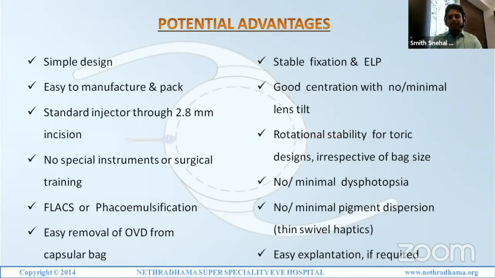Also, the lens provides a stable fixation with good centration, minimal tilt, dysphotopsia, and minimal pigment dispersion, and provides good rotational stability for toric designs irrespective of the bag size. And should any explantation be required, the explantation is easy.